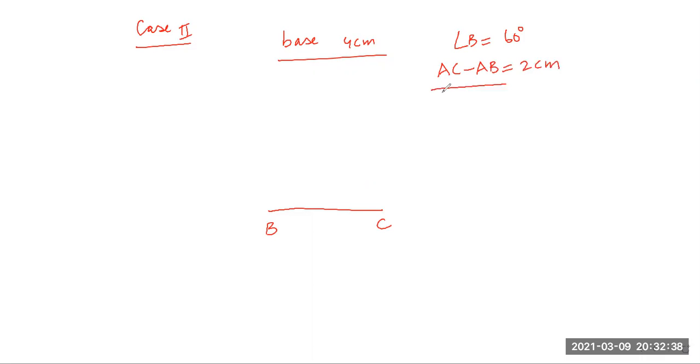From this statement, I can definitely understand that AC is bigger and AB is smaller, right? AC is bigger. Now, AC is the side not on the given base angle, on the other base angle. So I have to apply case 2.